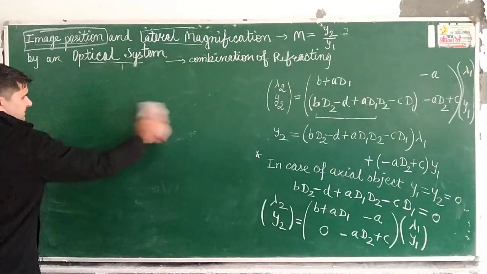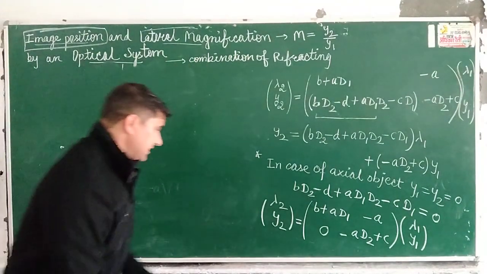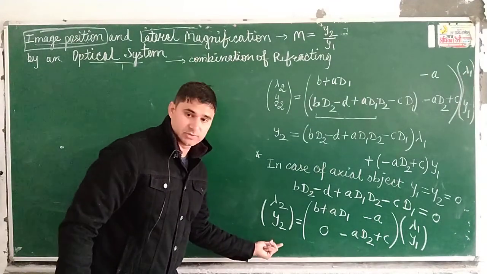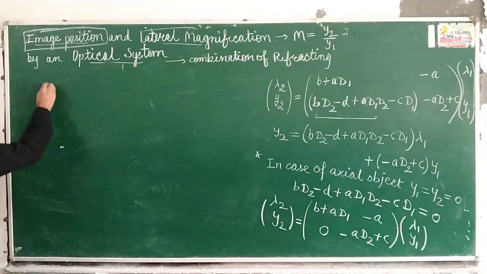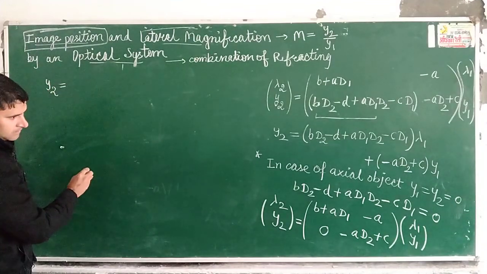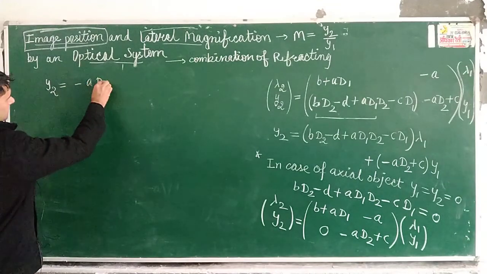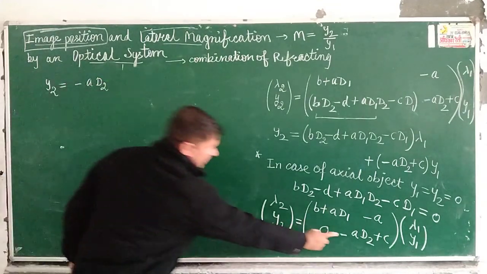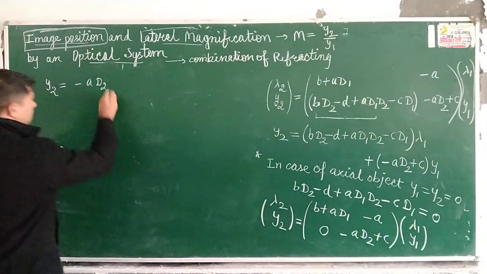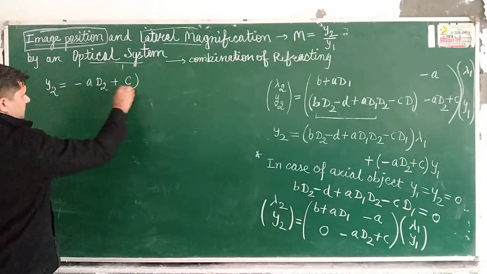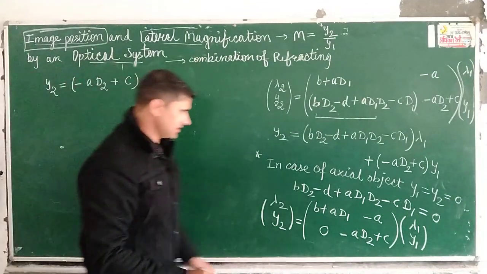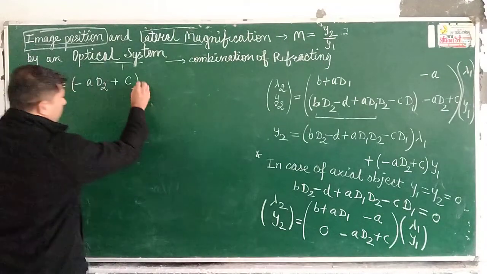From this matrix we will establish the relation between y2 and y1, and from here you will get y2 equal to minus a d2 plus c, let me take it inside the bracket, and then you have y1.